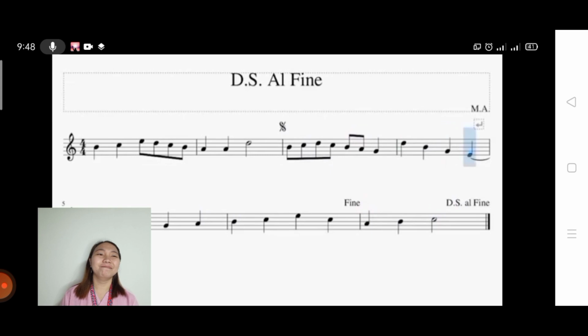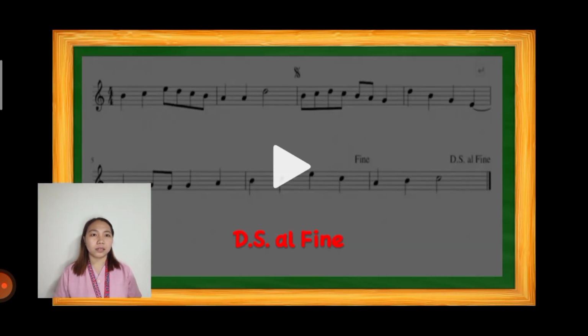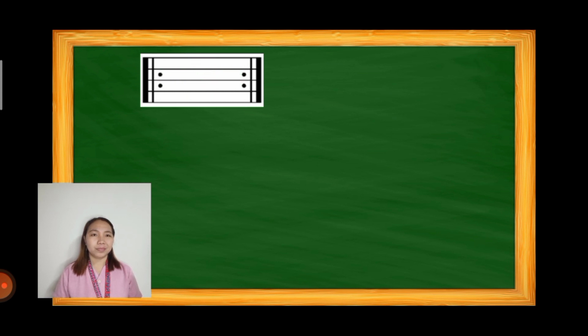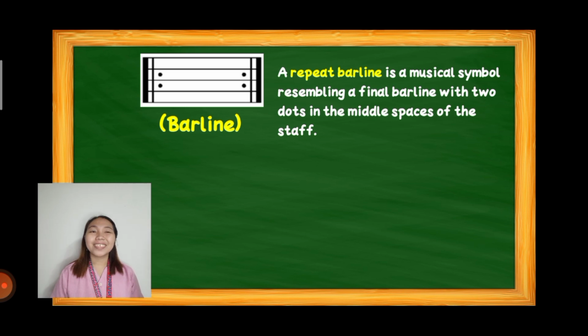Right? And that is what we call the DS Al Fine. Is that a bar line? That is a repeat bar line.